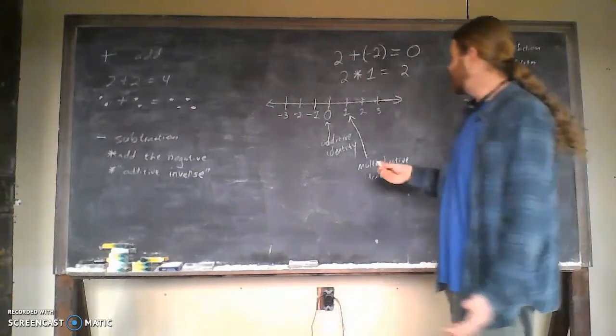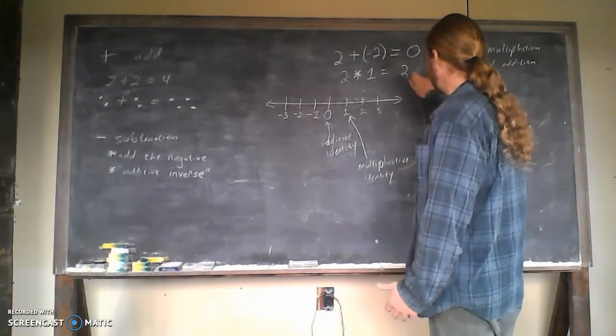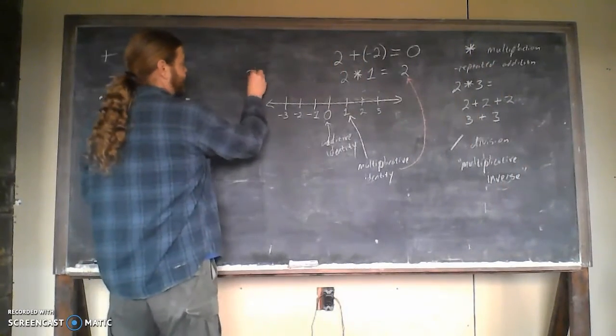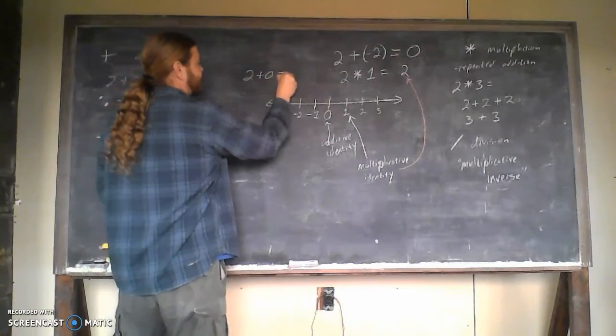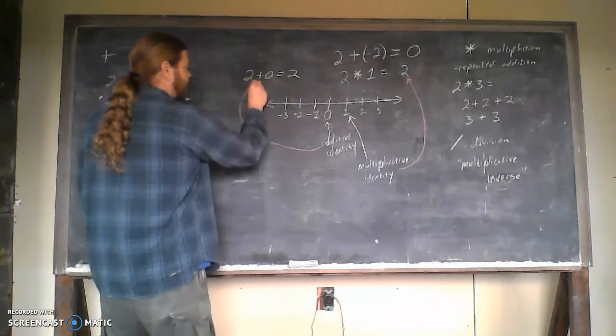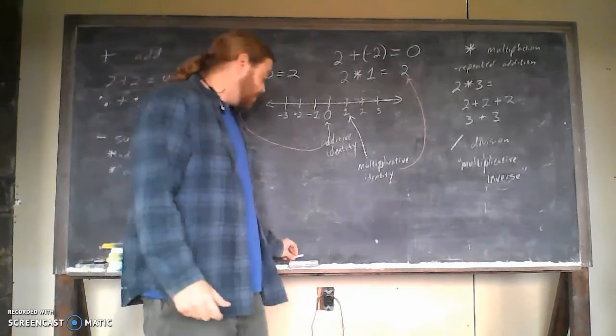It doesn't change anything. I should put some arrows up here because this is kind of a disorganized mess. Or the additive identity, 2 plus 0 still equals 2. Those are the things that don't change anything when we do that operation.